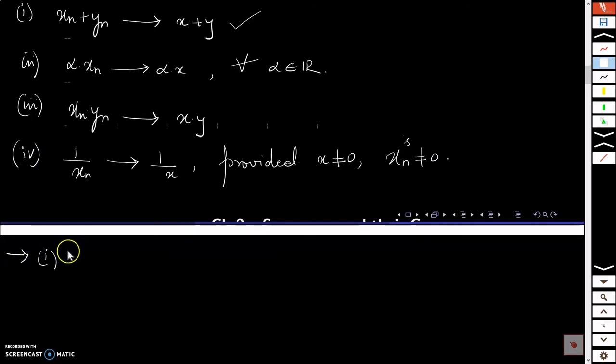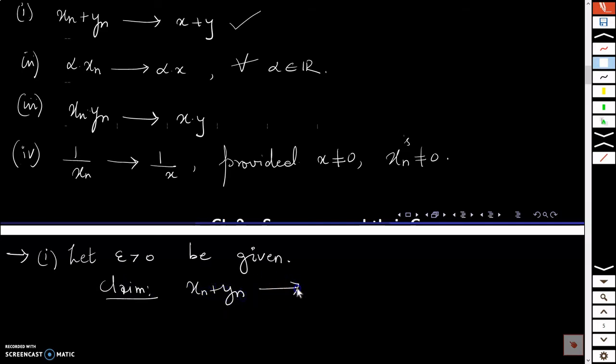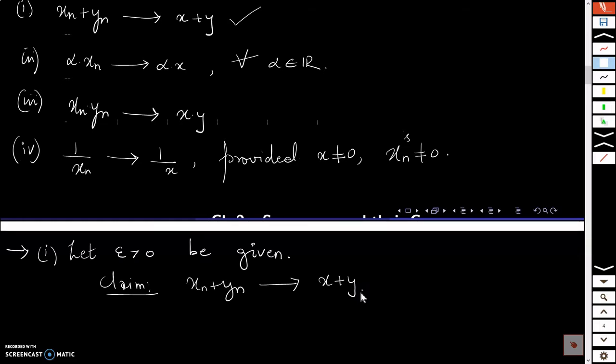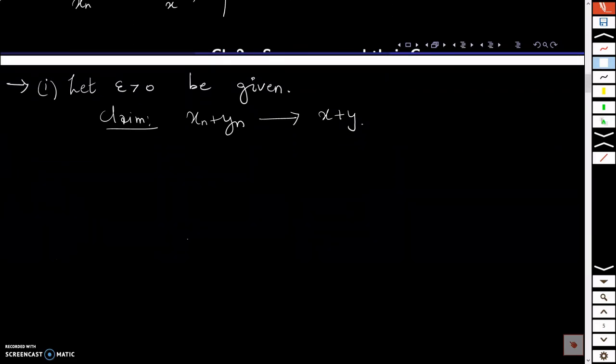So I will start with some arbitrary epsilon. Supposing some epsilon positive is given to you, any epsilon. Our claim is the sequence xn plus yn converges to the point x plus y. Right? So we will estimate their difference now.